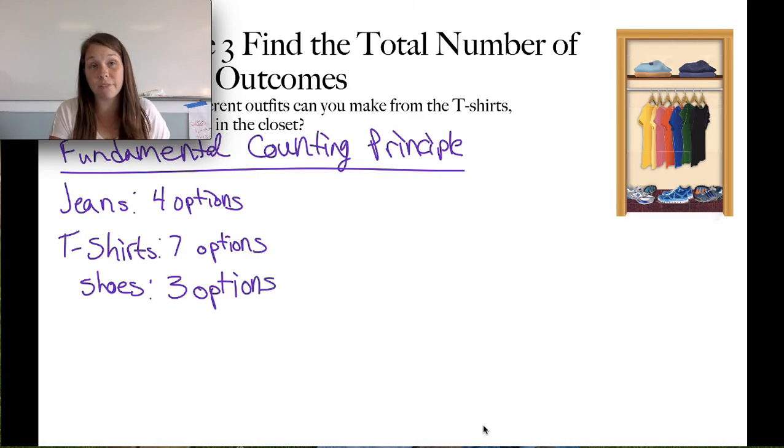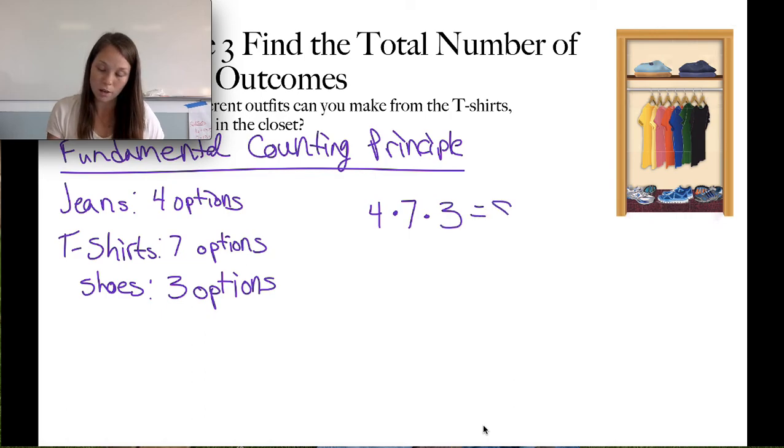The way we use the fundamental counting principle, instead of creating a table or a tree diagram, is we take the number of options from each category and multiply them together. So I'm going to take 4 times 7 times 3, that's 84. So that means I have 84 different outfits that can be made.